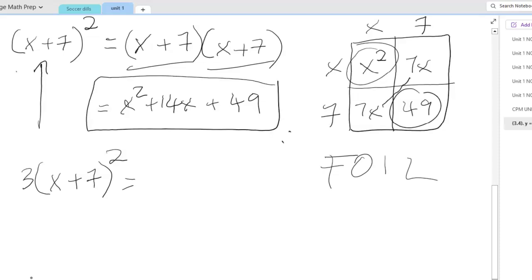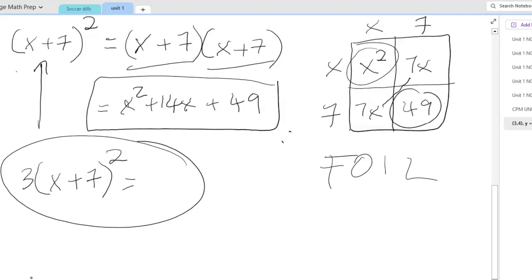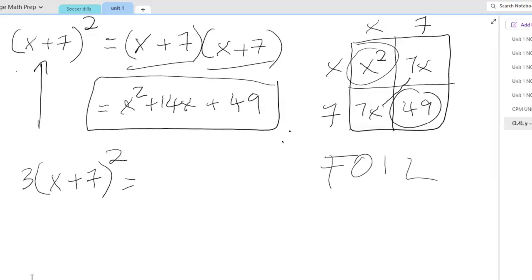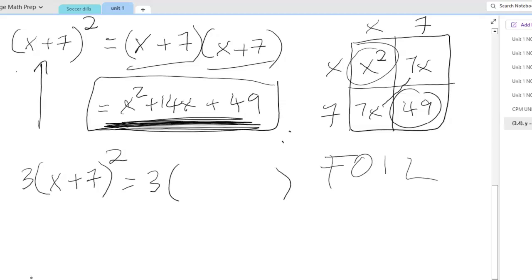So if they ask you to deal with this right here, we can simply rewrite what we have there with that 3. And instead of writing x plus 7 squared, we're going to put this in there because this is the same thing. So that's x squared plus 14x plus 49. And then you just distribute the 3 times each of those things. I'm not going to finish that problem.